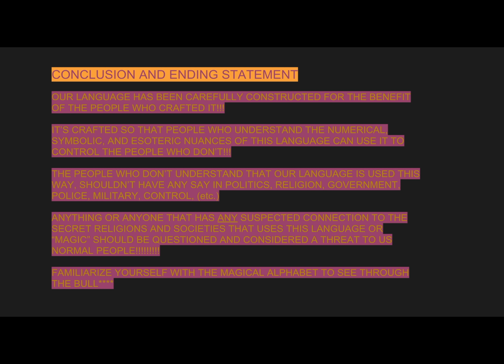All they have to go off of is the things that are in the mainstream media, the things that tell them what to think about, that give them an either-or choice. Anything or anyone that has any suspected connection to the secret religions and societies that use this language or magic should be questioned and considered a threat to us normal people.